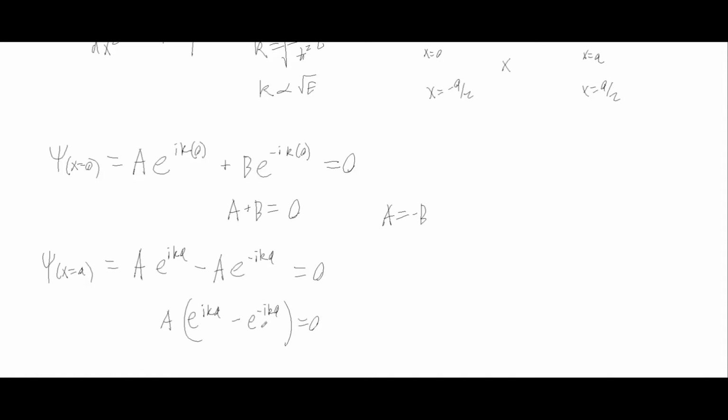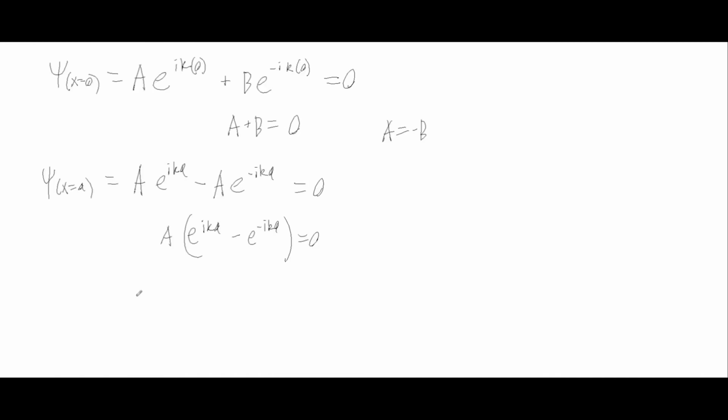Well, there are two ways we can have this be equal to 0: if a equals 0, or if everything inside the parentheses is equal to 0. We don't want a to equal 0 because that's our amplitude, and if a is 0, then we have zero amplitude, and that means there is no particle. There's nothing inside the box. And so we need all of this to equal 0.